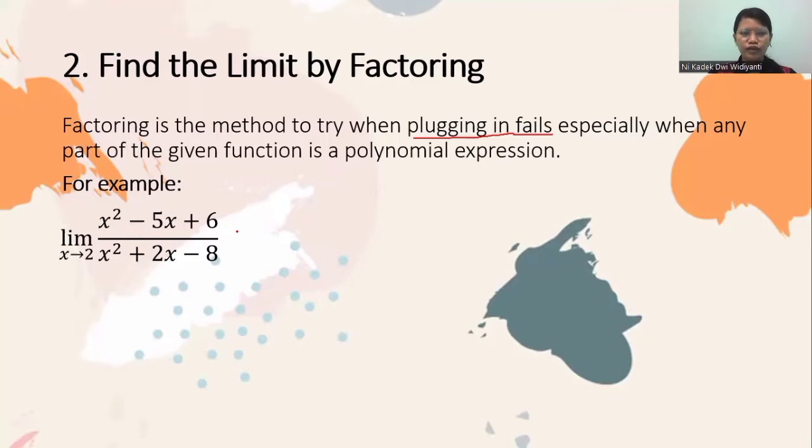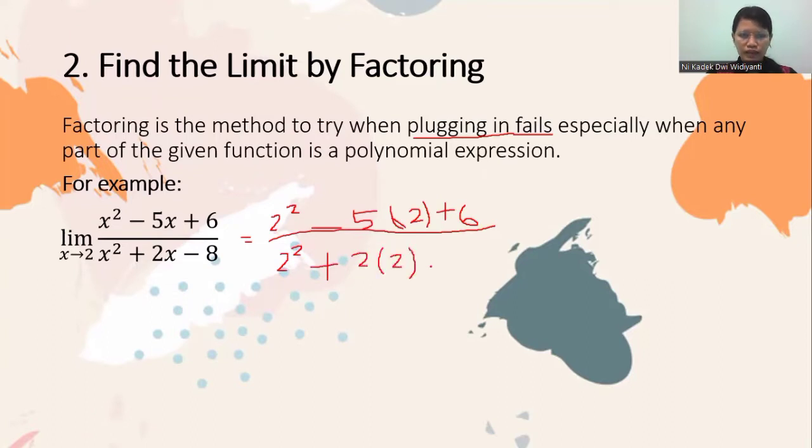Using direct substitution, the function equals 2 squared minus 5 multiplied by 2 plus 6, divided by 2 squared plus 2 multiplied by 2 minus 8.